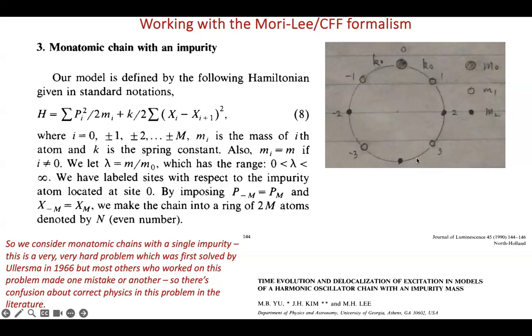Now, for now, I will actually turn off M2. I'll make M2 equal to M1. And I'll just keep in general an impurity M0. And I'll either turn M0 on to M0, which means a system with a single impurity, or I'll make M0 to M1 or M, in which case I fall back to my previous case of pristine system, but not now being done in real space.